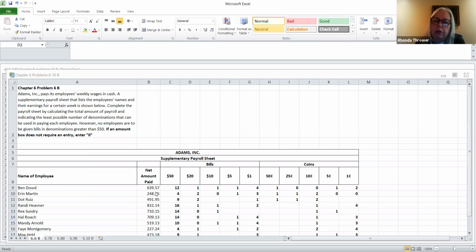So we've got to choose the number of bills, the dollar amount of bills, that will be given to each one of these employees. We're starting again with Ben Dowd. Since he's going to be paid at least $600, the first thing I would do is see how many times $50 could go evenly into $600.